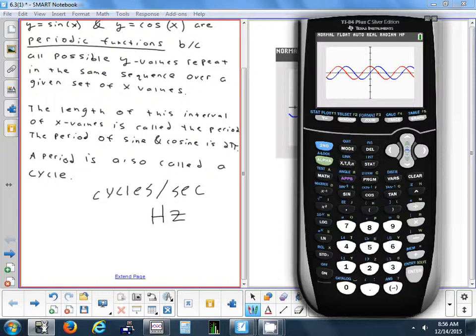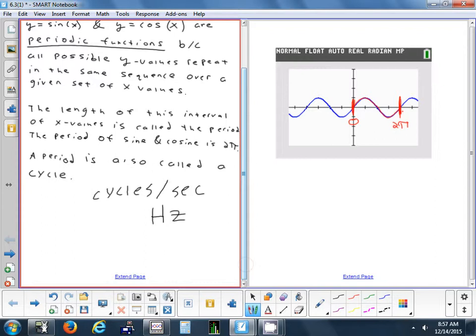What could you do to sine, or what could you do to cosine to change it? How would you move it? It was shifted either to the left or to the right, depending on which one you're looking at. If you take the red one and shift it right, or take the blue one and shift it left, they would be the same. So sine and cosine are just a horizontal shift of each other. They're very similar.